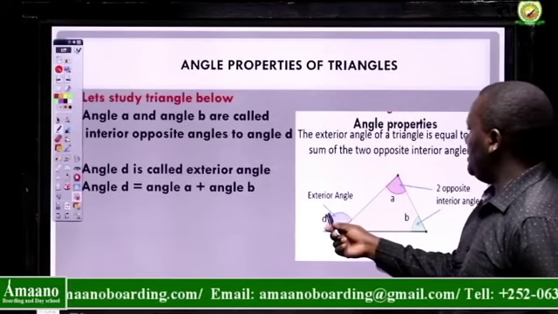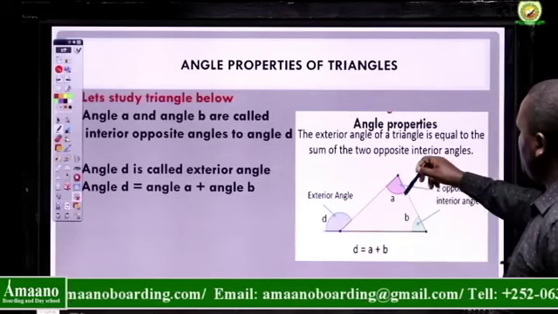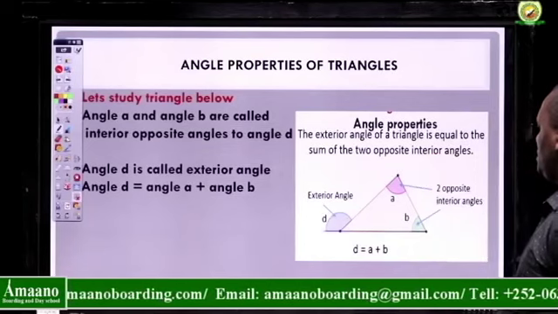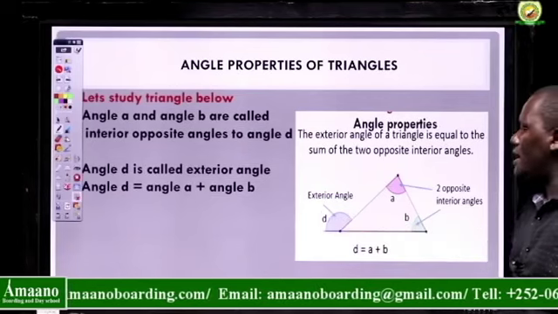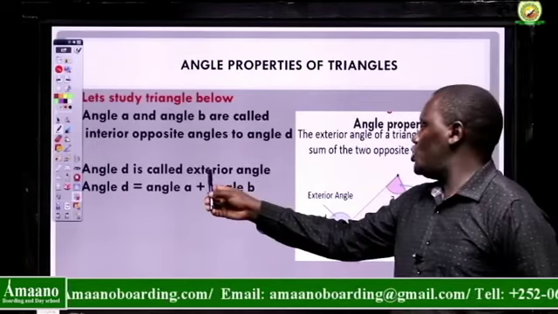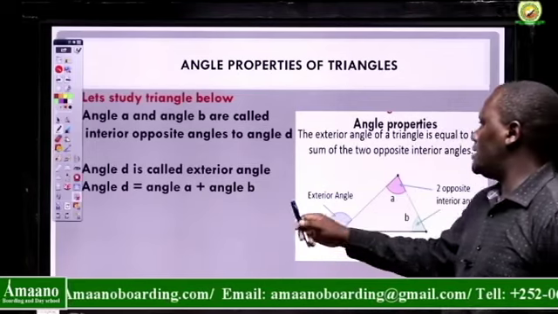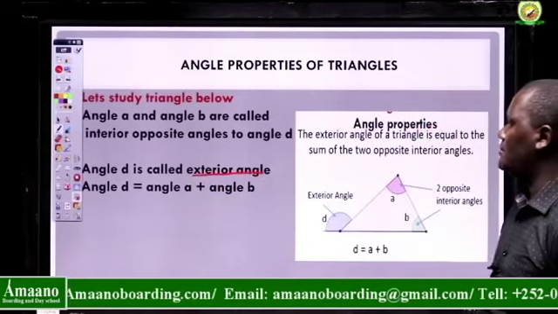For us to find this exterior angle, we add the two opposite interior angles. A and B are the opposites of this exterior angle D. That means angle D is called the exterior angle. That's what we learned in the previous triangle.